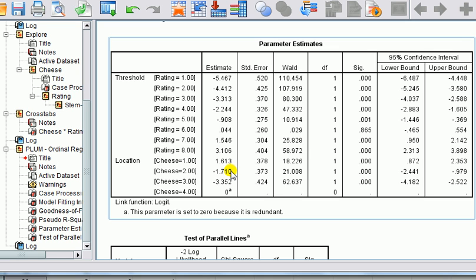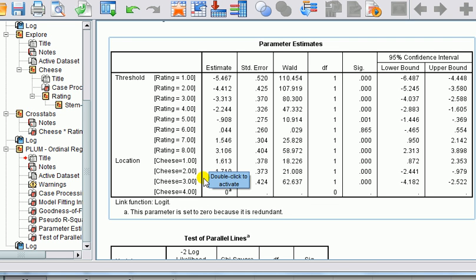Okay, the way SPSS sets it up is these are our betas, right? We've got one for each of the cheeses. If the beta is bigger than 0, that implies that since we have categorical variables, these being types of cheeses, you are more likely to get a higher response for that cheese compared to the reference category here being cheese A. So basically, a positive beta is like a positive effect.